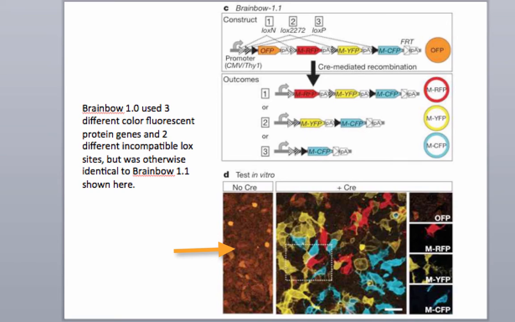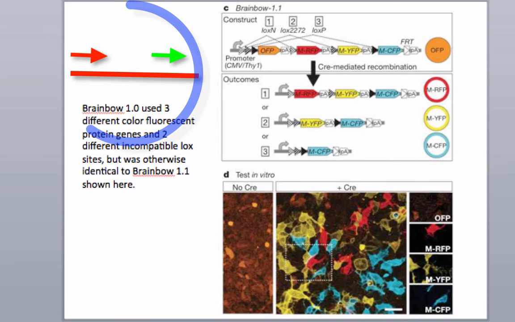Once Cre is brought in trans, recombinations happen, and because all the lox sites are in direct orientation, recombination between them causes deletions. So when recombination 1 happens, the orange protein gene is deleted.